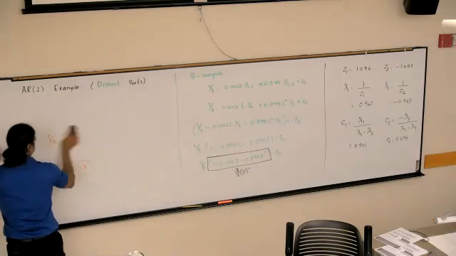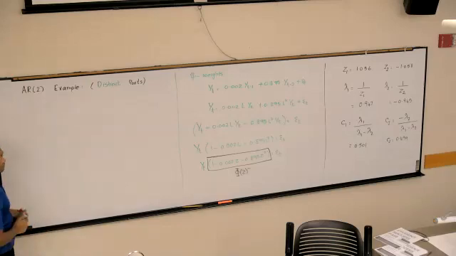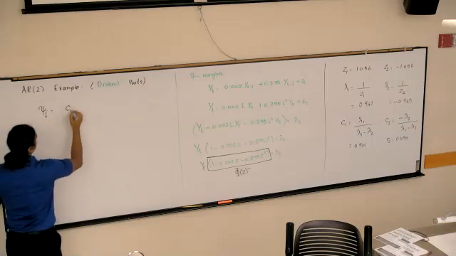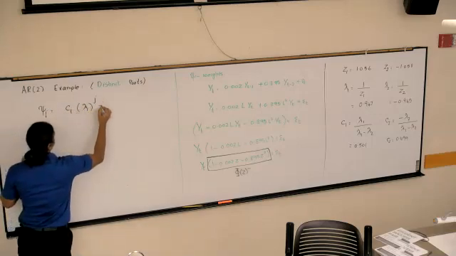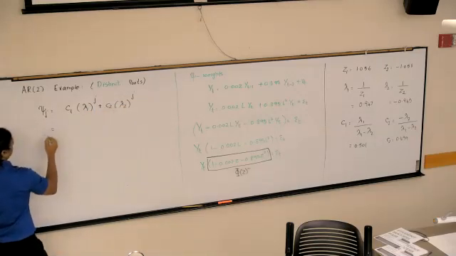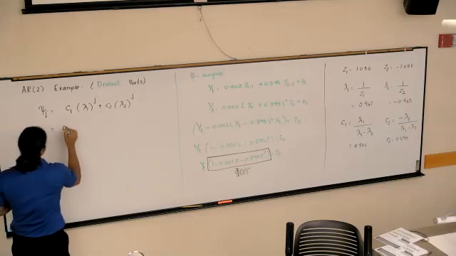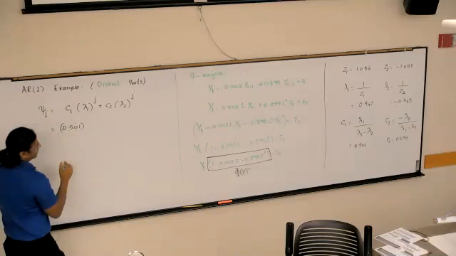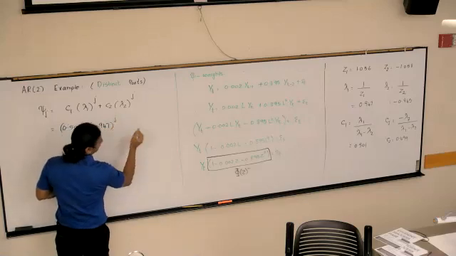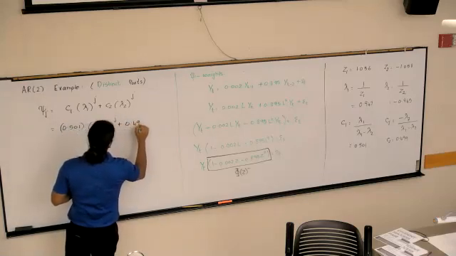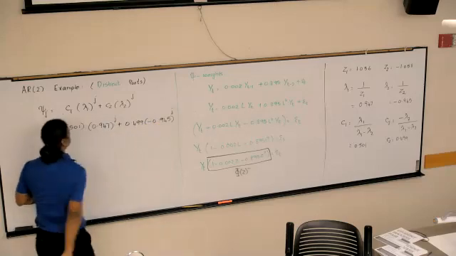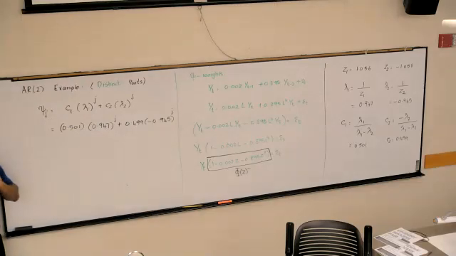So we know what psi j is. Our general expression for psi j is C1 lambda 1 raised to j plus C2 lambda 2 raised to j. So C1 is 0.501 multiplied by 0.947 raised to j, C2 is 0.499 multiplied by negative 0.945 raised to j. We can just plug in the values.